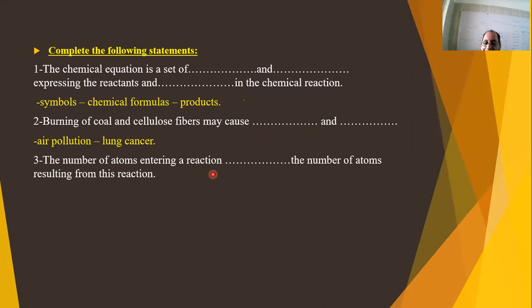The number of atoms entering a reaction dot the number of atoms resulting from it. Number of atoms must be equal. No atom goes away into the air. 2NO plus O2 will give me what? Nitrogen monoxide like carbon monoxide plus oxygen will give me 2NO2, which is 2 nitrogen dioxide.